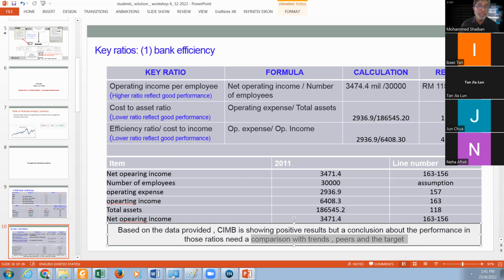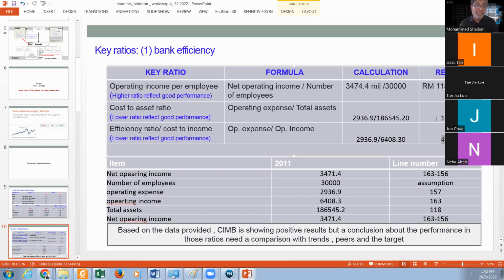I just calculated this, but I don't know. I need to compare it. I need to know if 1.57 is high or low. Is it better than last year? Is it worse than last year?